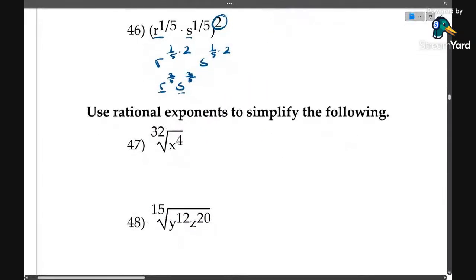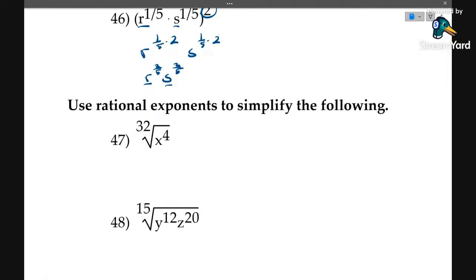So now we're going to combine and use the properties of exponents to simplify the radical expressions. So we have the 32nd root of x to the 4th, writing it in rational exponent notation. Again, the numerator is the exponent and the denominator is the index. So we have x to the 4 over 32.